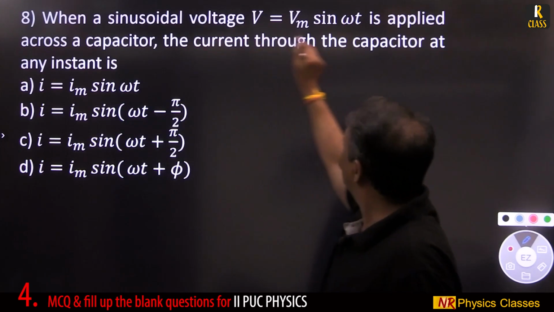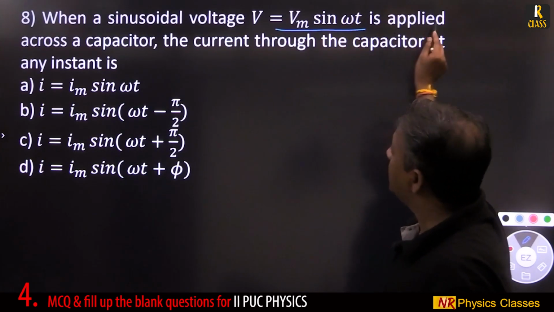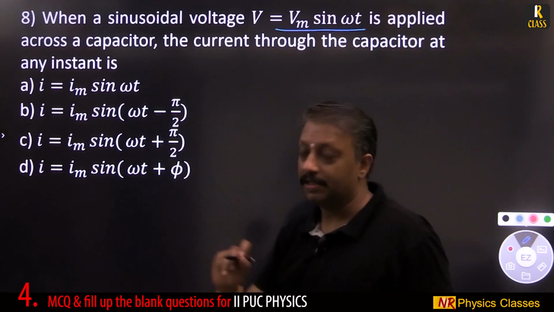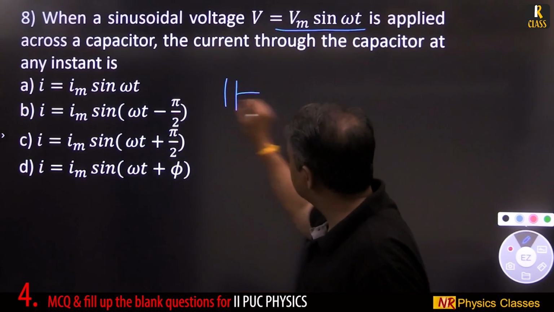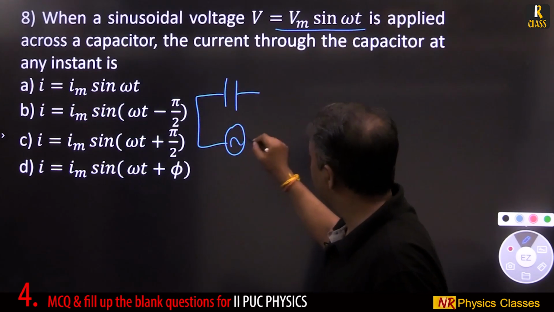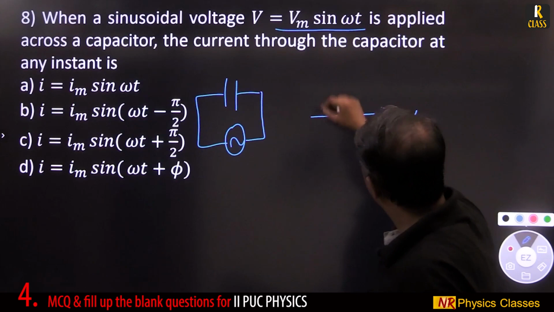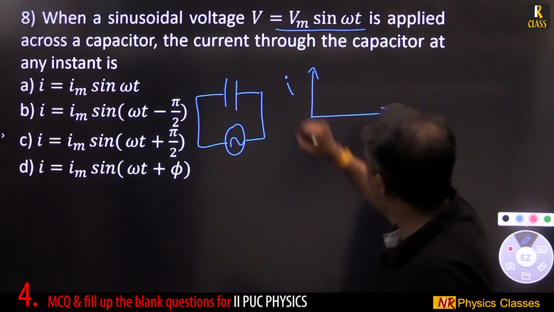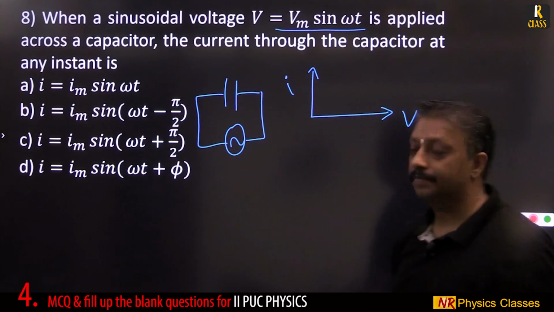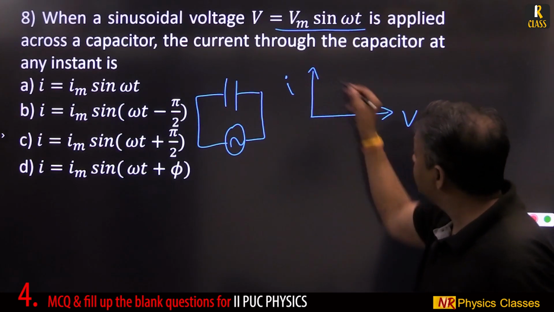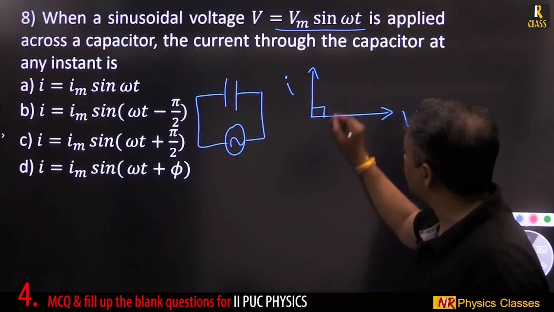When a sinusoidal voltage is applied across a capacitor, what is the current through the capacitor at any instant? Capacitor connected to AC. If this is the voltage, then this is going to be current. Current leads voltage by pi by 2.